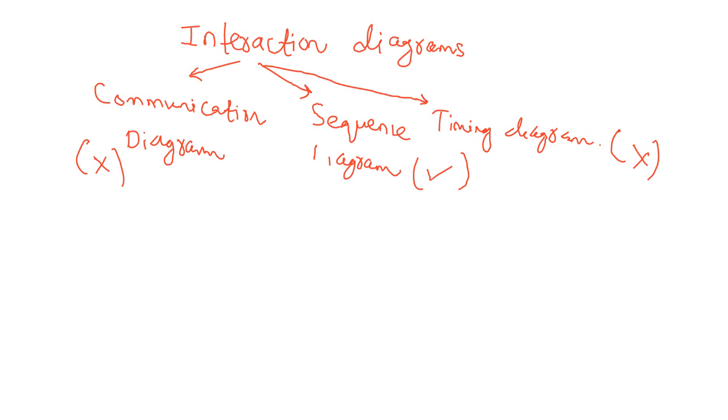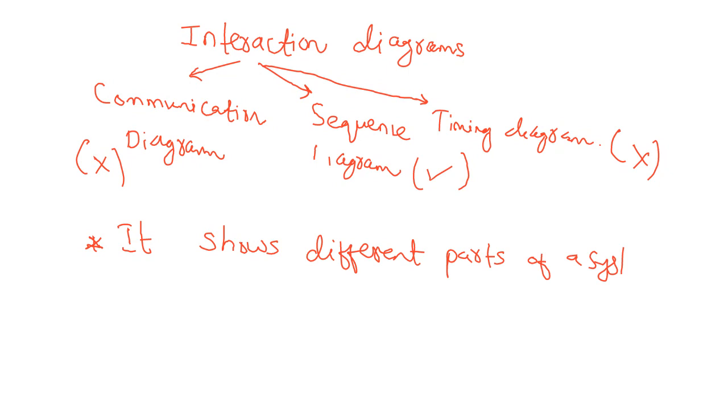So in short, I just write here: a sequence diagram shows how different parts of a system work in a sequence.